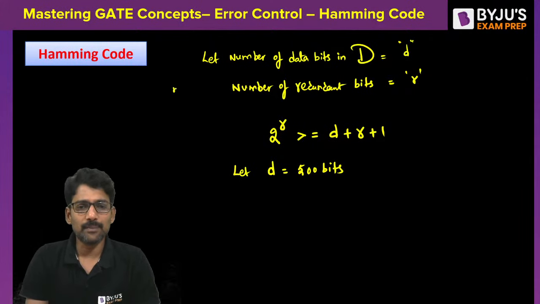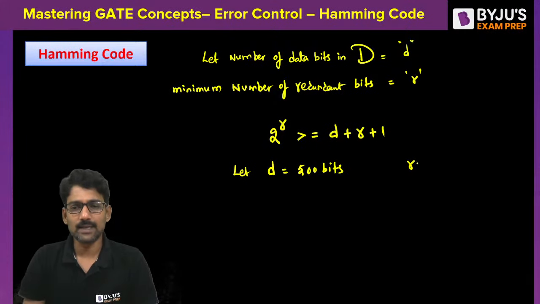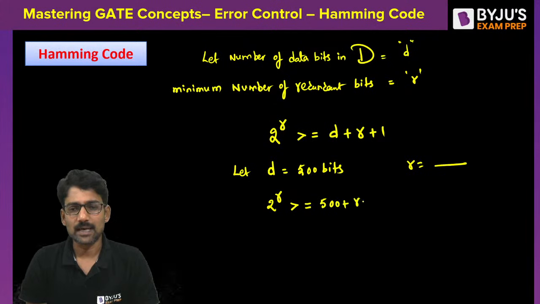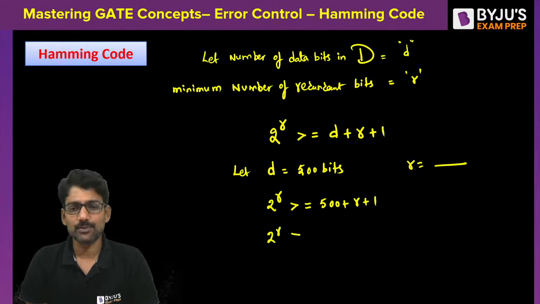So minimum number of redundant bits required. So what is R? We will calculate. 2 raised to R should be greater than or equal to 500 plus R plus 1. That means 2 raised to R should be greater than or equal to 501 plus R.